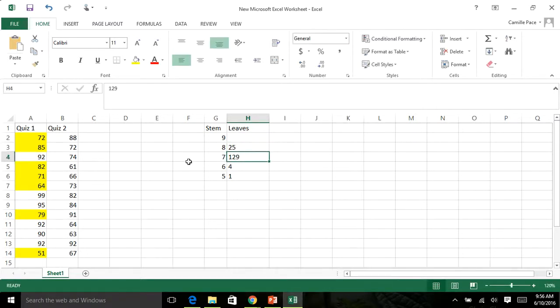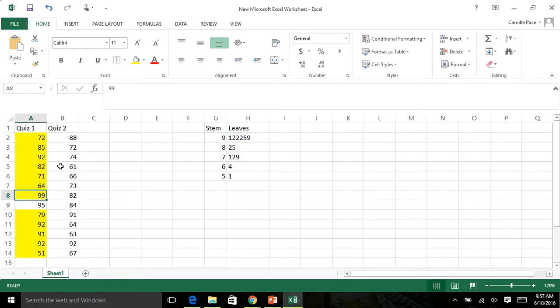Okay, and then I have a bunch of 90s. I'm going to change this to a 91, and you'll see why in just a second. So I have 91, mark that, and then I have 3 92s, so I do 1, 2, 2, 2, and then I'm going to do 5 and 9.